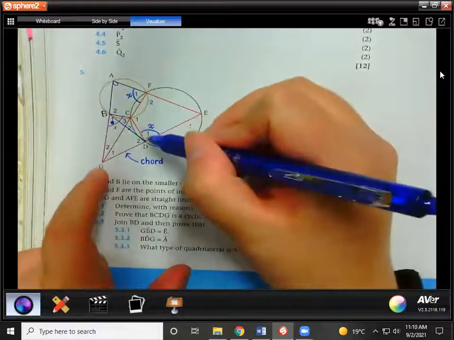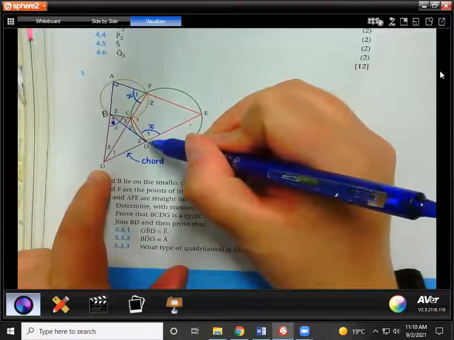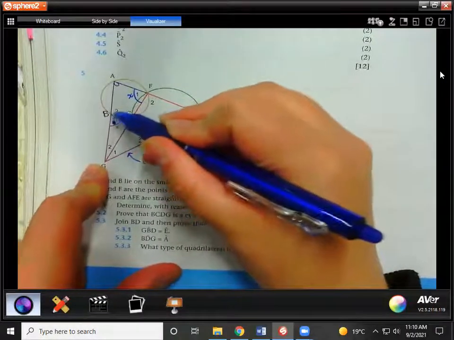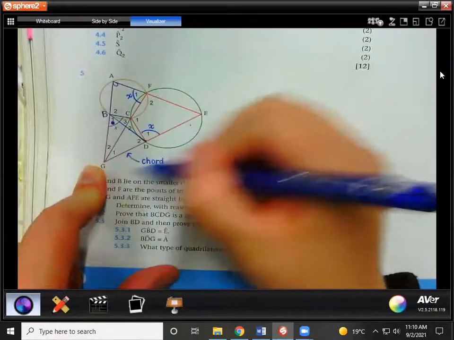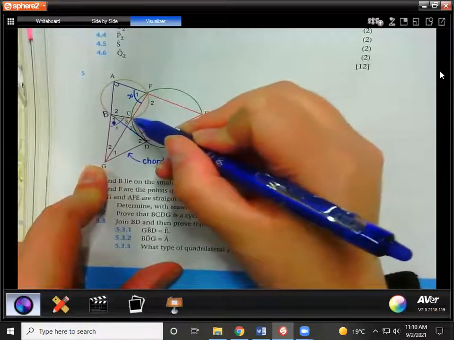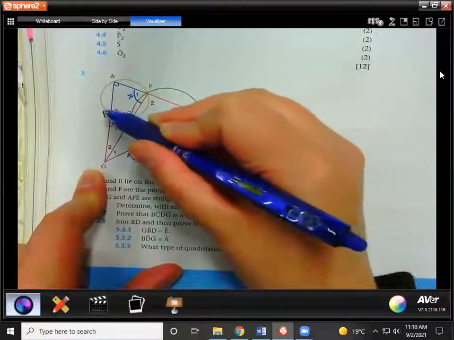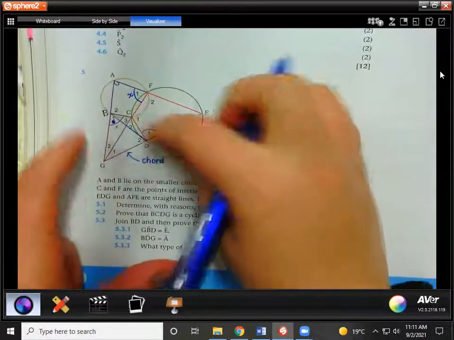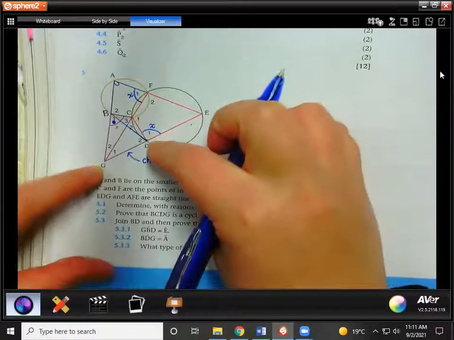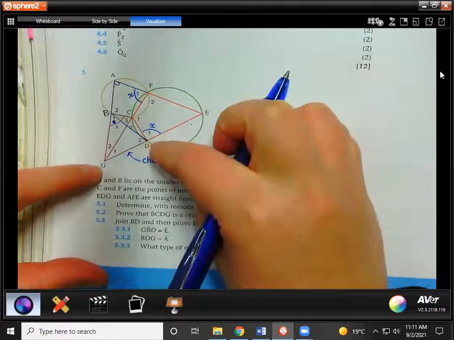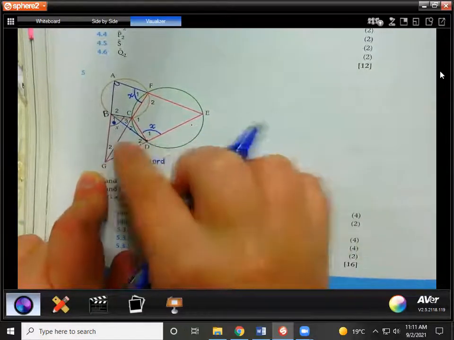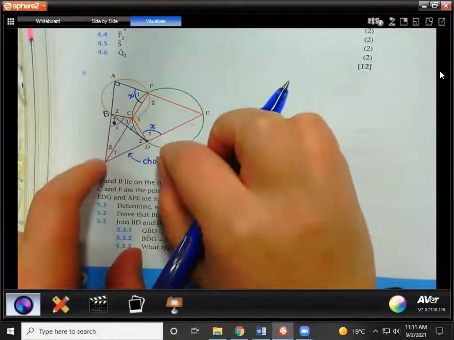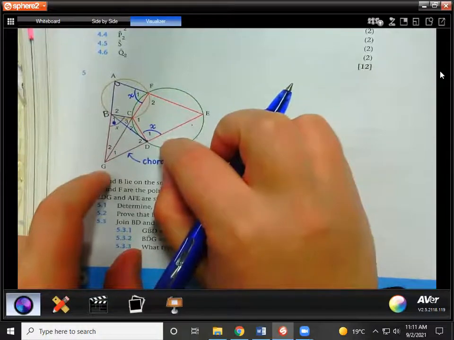Now, guys, do we see that this chord is then subtending angle GBD, right? And remember, this point is on the circumference of the circle because this shape is a cyclic quad. C is also on the circumference of that imaginary circle because these 4 points form a cyclic quad. So GBD is being subtended by chord GD, but then also C2. Just take a look at that. This is a chord. Remember, we're imagining that there is a circle going through these points. So that is an angle at the circumference, and that is an angle at the circumference, right?